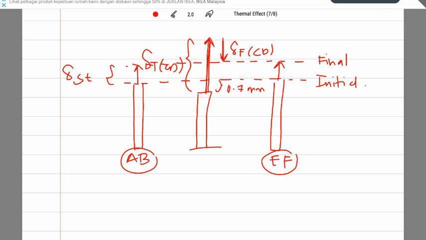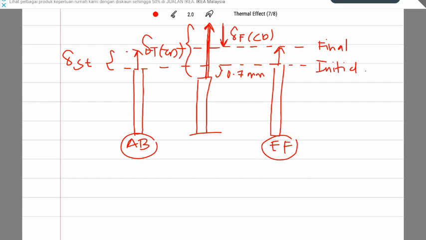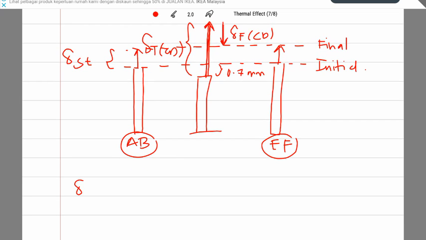Okay, so if you want to write the deformation of the whole structure in terms of the stainless steel rod, you can write delta ST is actually equal to the whole elongation here, which is delta T of CD, minus this deformation, delta F of CD, and also minus the gap, which is 0.7.